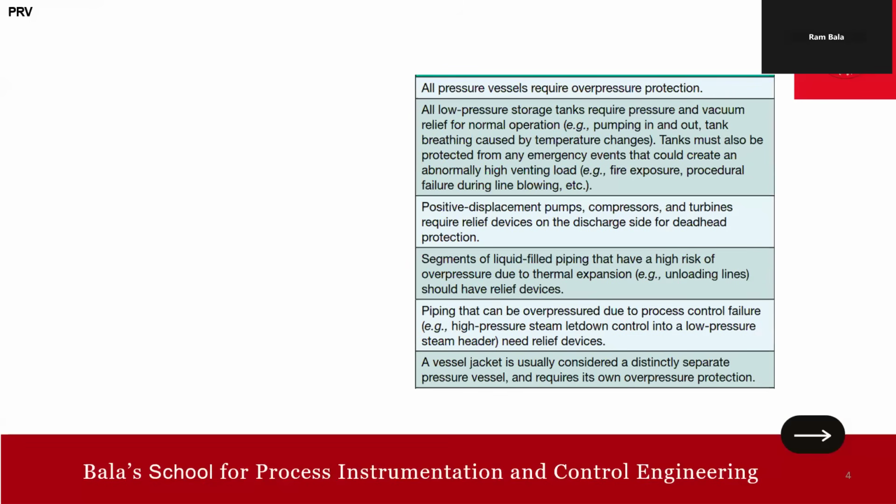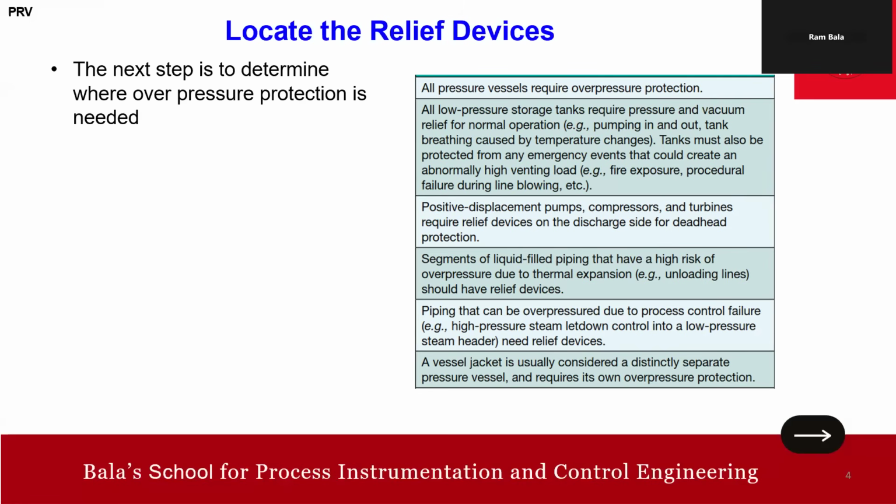Now we will see how to locate the relief devices, where overpressure protection is needed. For example, as you can see here, all pressure vessels require overpressure protection. I'm going to explain this one by one, but I'll just run through it now. All low pressure storage tanks require pressure and vacuum relief for normal operation, for example pumping in and out and tank breathing caused by temperature changes.